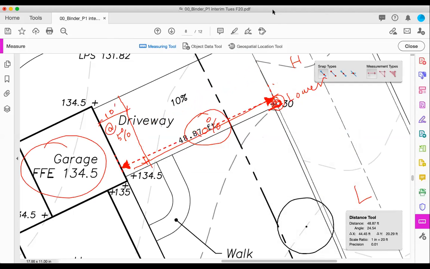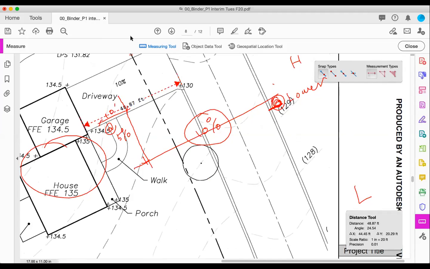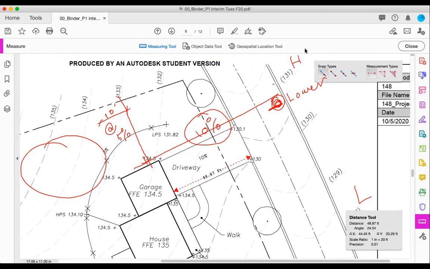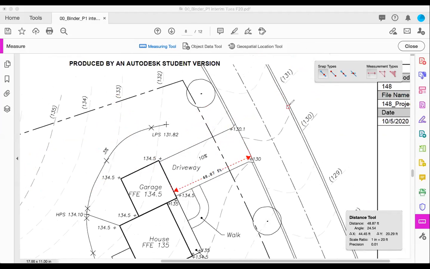All right, and let me turn off my annotation and zoom back in. Okay. Yeah, so that spot is close to 129.6. And then let's assume this is 50.